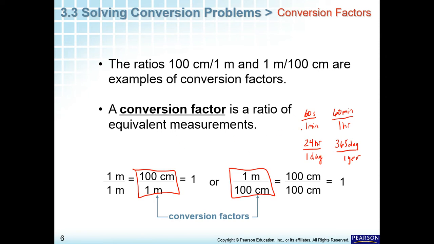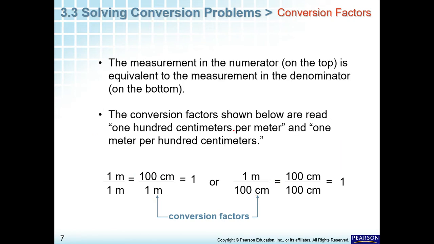Another example of conversion factors besides using things for time: hopefully in elementary school you learned that there were 12 inches in 1 foot, or there are 3 feet in 1 yard. These are common conversion factors we use all the time. Now notice the measurement in the numerator on top is equal or equivalent to the measurement in the denominator on the bottom.